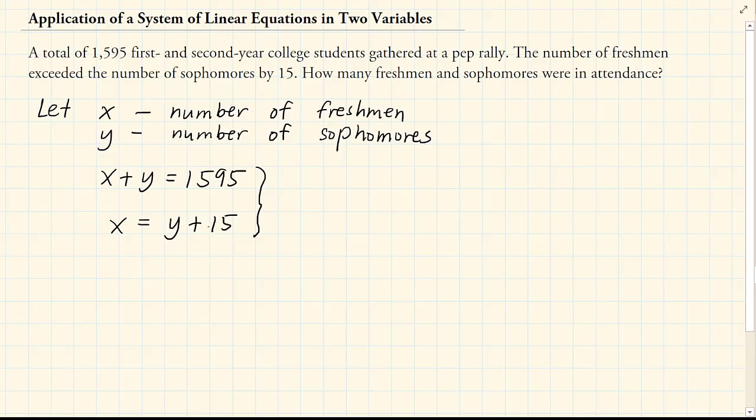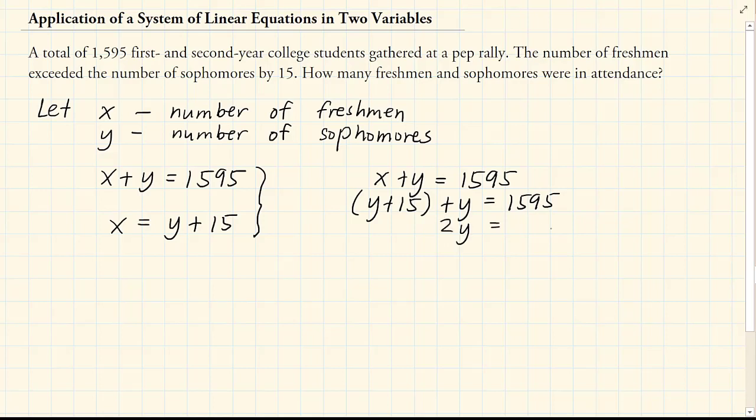We just need to substitute this one sa first equation. Okay, so i-substitute lang natin x plus y is equal to 1,595. Substitute natin yung x ng y plus 15, and then plus y is 1,595. So we have 2y is equal to 1,595 minus 15.